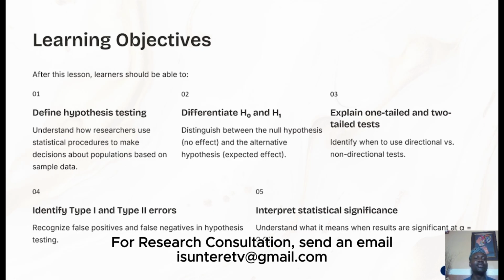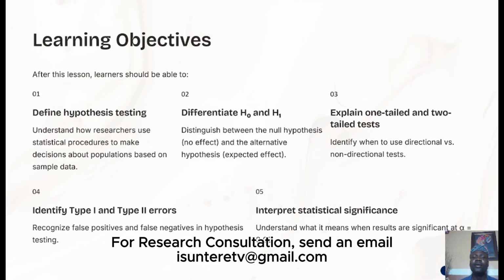So at the end of this lesson, one of the things that I anticipate is that you should be able to understand and define hypothesis testing. You must be able to understand how researchers use statistical procedure to make decisions about population based on sample data. Number two, you must be able to distinguish between the null hypothesis, which is saying no effect, and the alternative hypothesis.